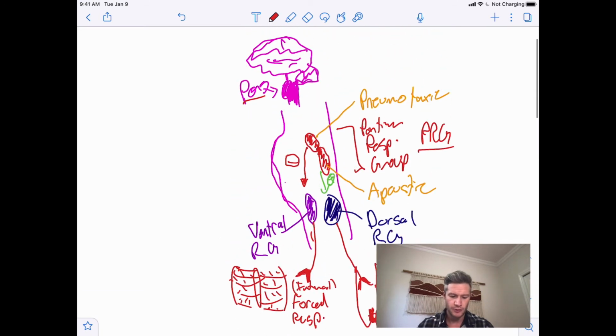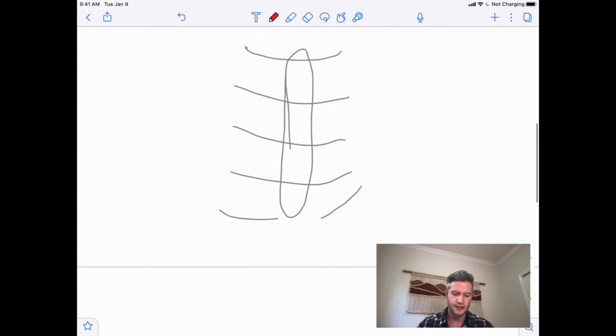Now we spoke about what innervates and drives them up here, but down here the main one always that we want to think of when we're thinking about respiration is our diaphragm, and of course that sits deep in the center of our rib cage and attaches near the bottom of it. That's essentially one of the principal drivers for respiration.